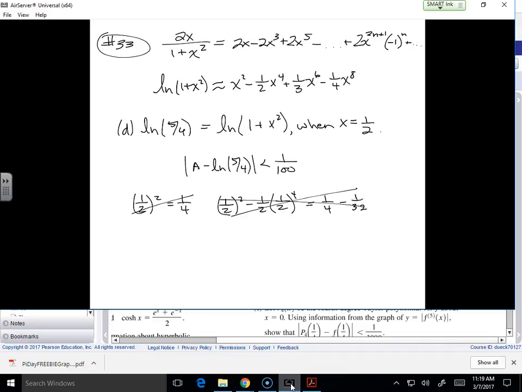Then we could go to the third partial sum, so we'd have 1/4 minus 1/32nd plus 1/3 times 2 to the power of 6, or 1/2 to the power of 6. That'd be 8 and 8, 64. 64 times 3 would be 192?